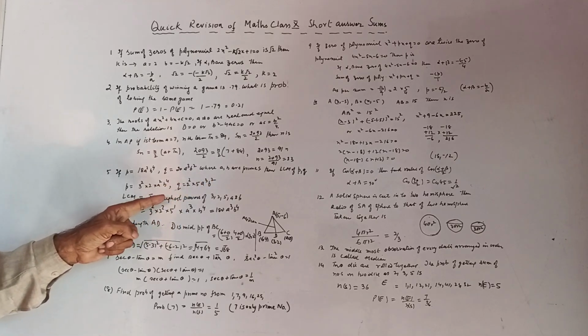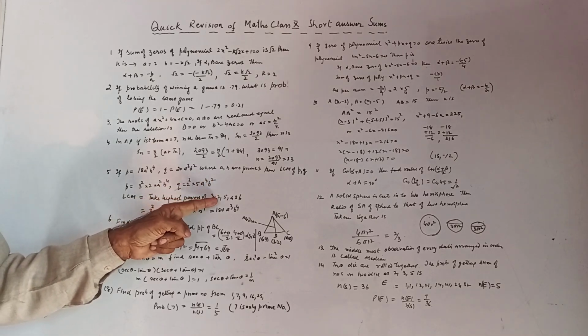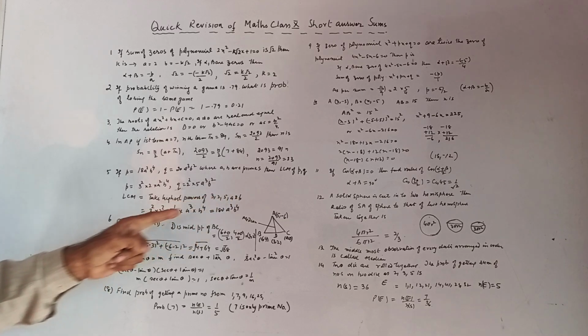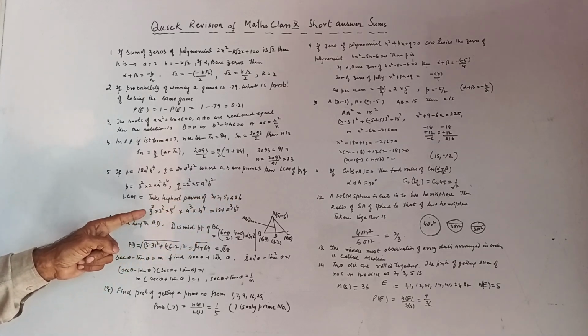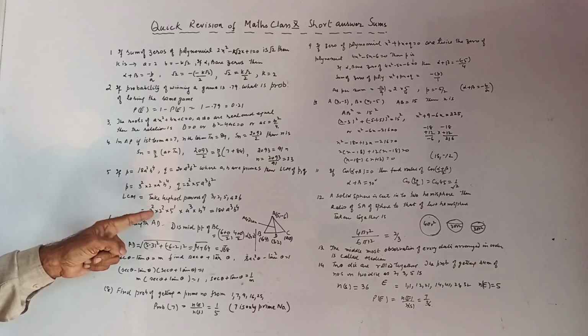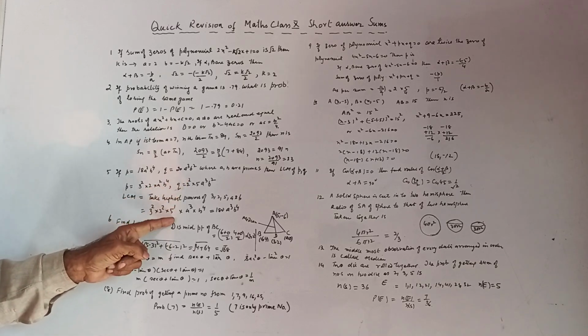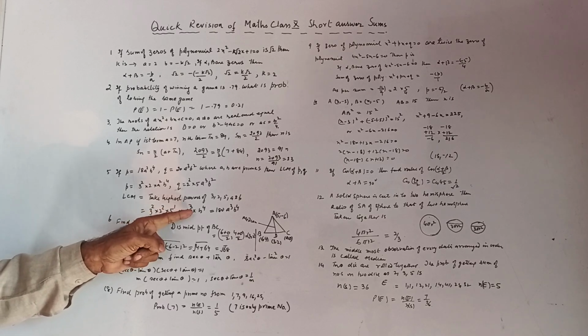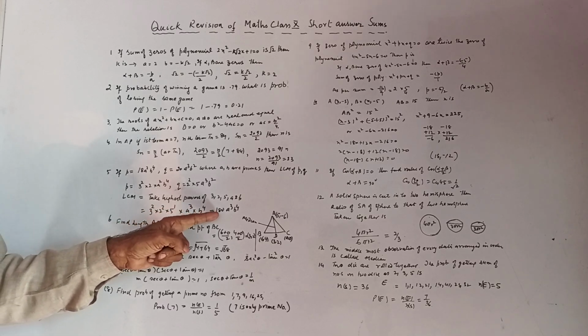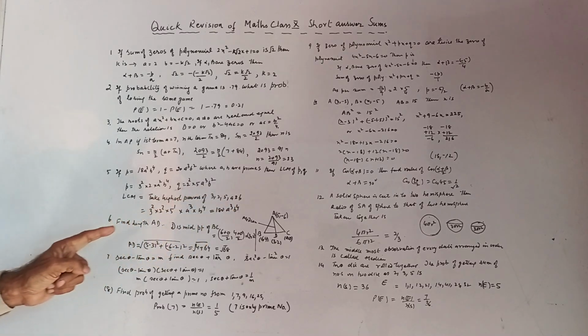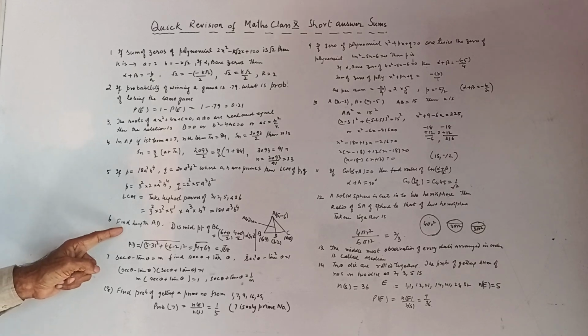LCM, take highest power of 3, 2, 5, a and b. So here highest power is 3 to the power 2, here 2 to the power 2, here 5 to the power 1, a cube into b to the power 4, equal to 180 a cube b to the power 4.